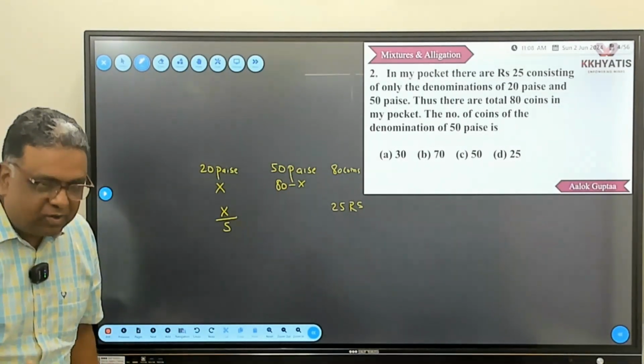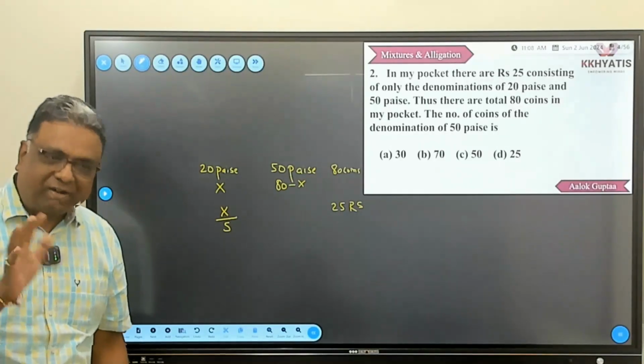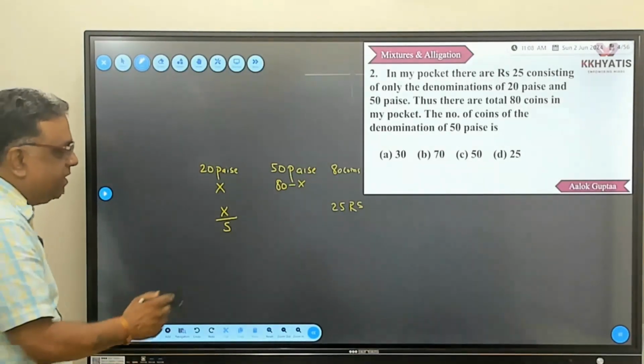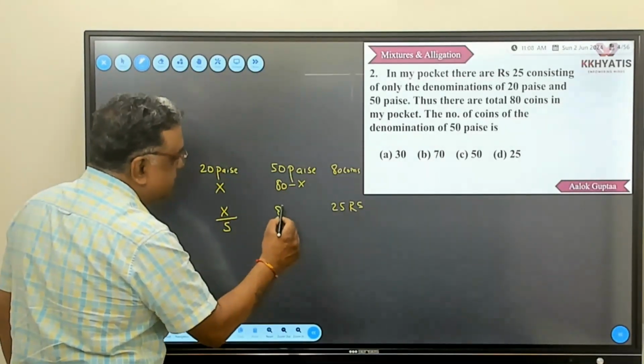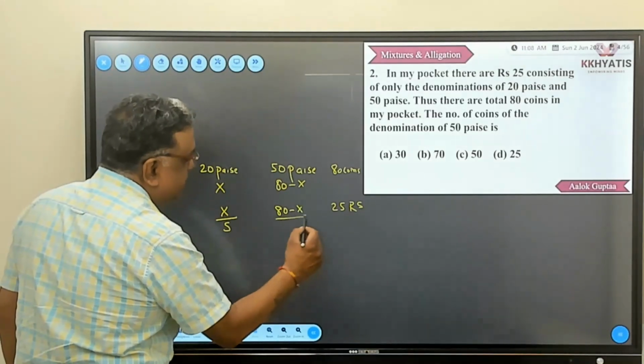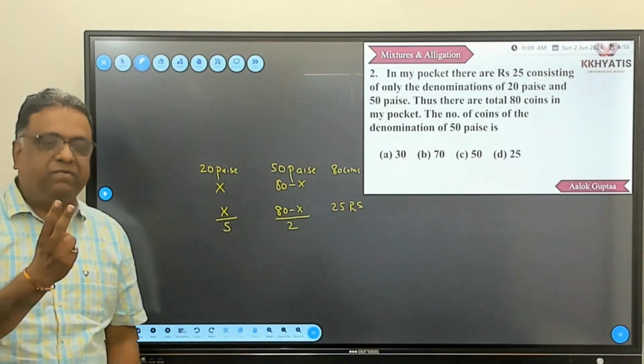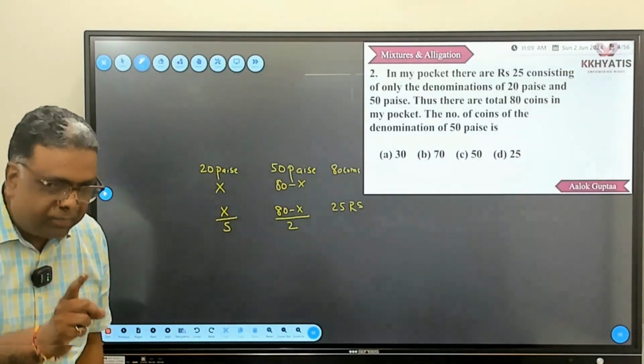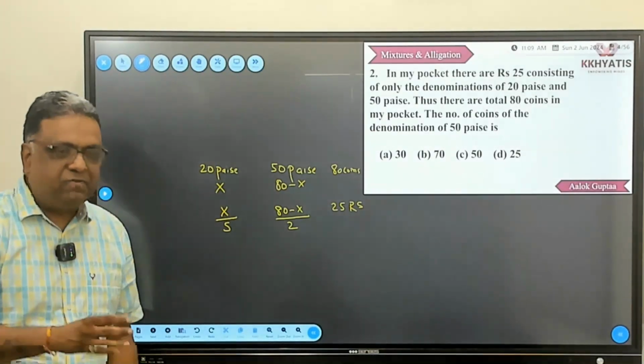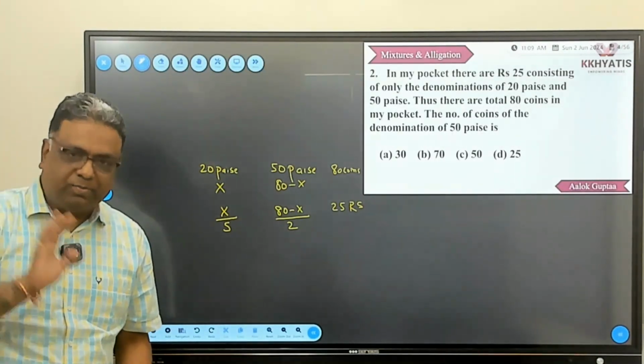So x coins will make x upon 5 rupees. Same way, for 80 minus x, the total number of rupees will be 80 minus x upon 2, because 2 coins of 50 paise make 1 rupee. So 80 minus x coins will make 80 minus x upon 2 rupees.